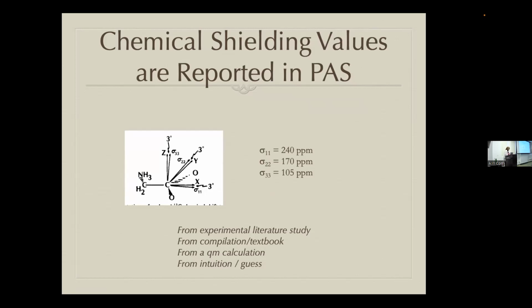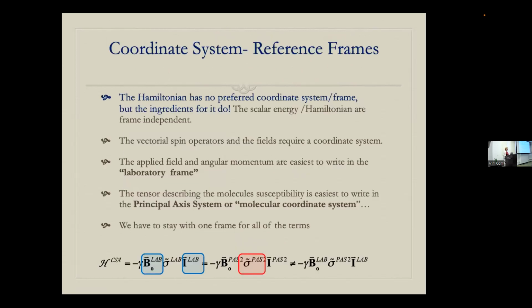So we know their values and where they point. We like to write the spin degrees of freedom the blue way here in the laboratory frame. We like to write the PAS this way. But we have to find some kind of happy compromise and rotate somebody.